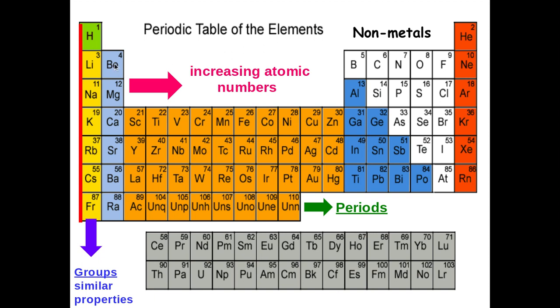And then group 2, where my arrow is. This is group 1, this is group 2. Group 2, starting with beryllium, magnesium, calcium, strontium, barium, and radium, these elements are slightly less reactive than group 1. And these are the alkaline earth metals.